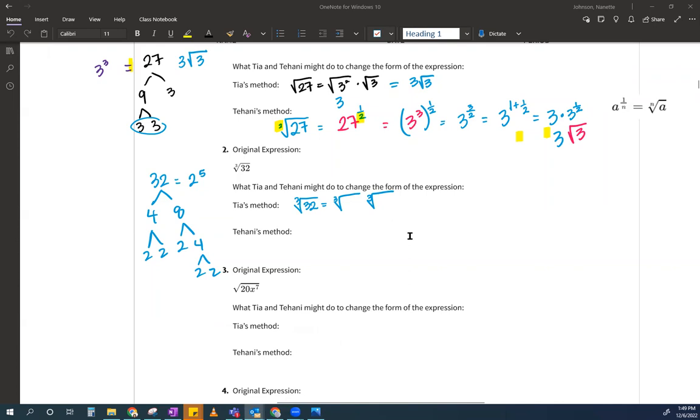Come on, computer. Yes, it caught up. So how would I break up 2 to the 5th into two things that would make sense? Well, we're talking about twos. So how many twos should go in here and how many twos should go in here? Very good. I want 3 of them in here and 2 of them in here.